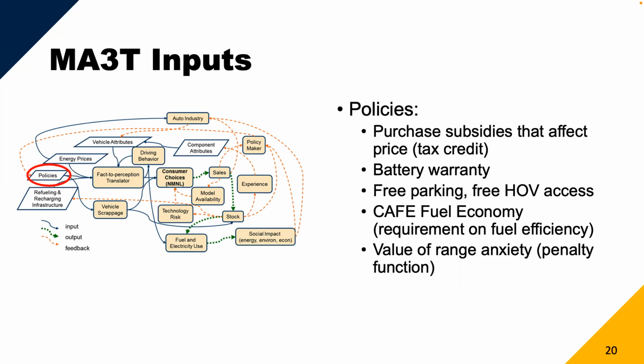So some of the policies that go in, as I was mentioning, you can have the purchase subsidies, so tax credits. There's also things like battery warranty that folks could care about. California is actually doing this thing with ARB to try and guarantee these battery warranties to alleviate customer concern over electric vehicle battery degradation.